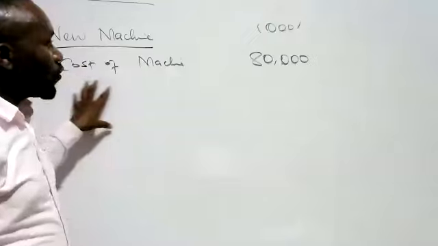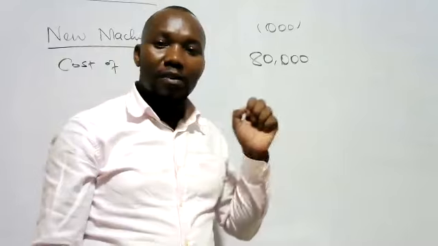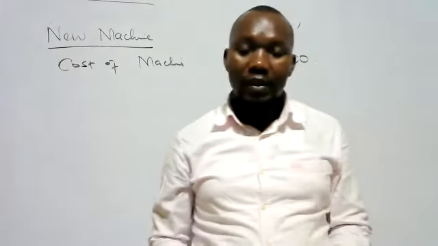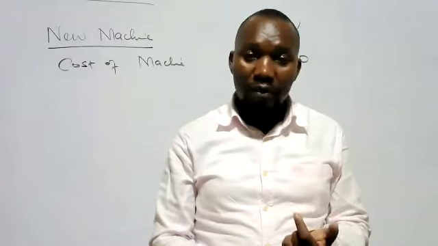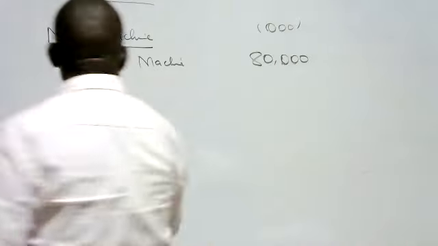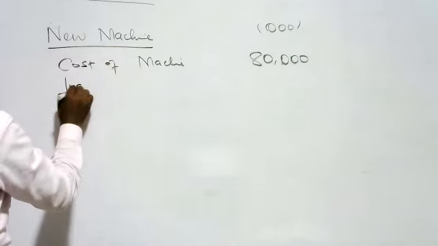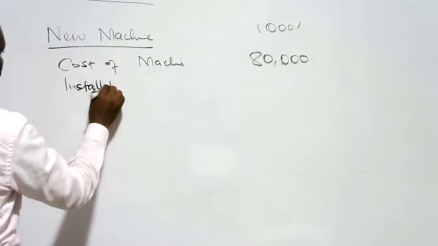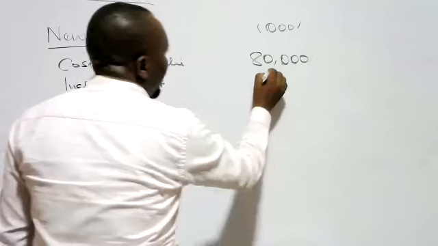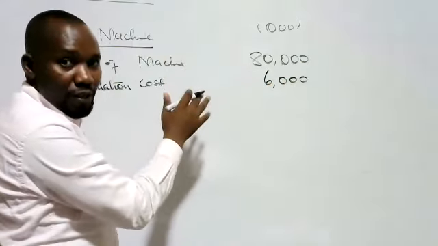Normally, the cost of machine includes the cost of purchase plus installation cost. That gives you the total cost of machine. Sasa, total cost of machine is the cost of buying the machine and the cost of installing it. This is the cost that you need to depreciate if you want to depreciate anything.